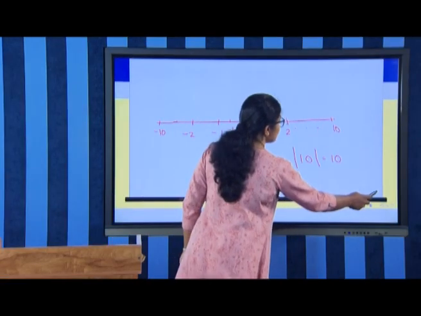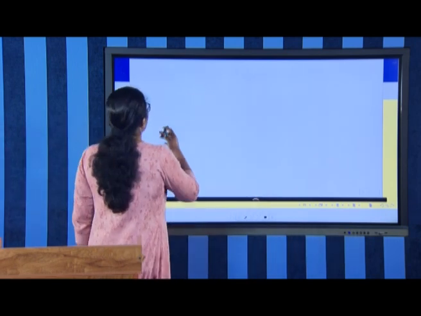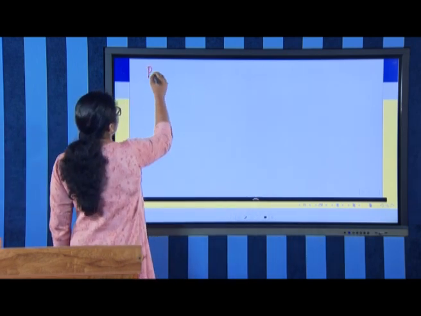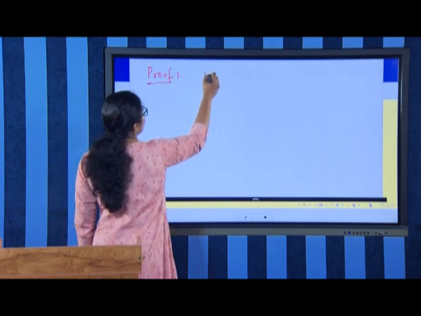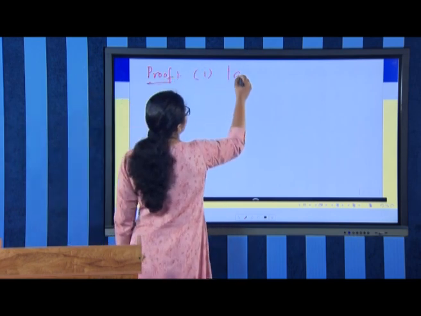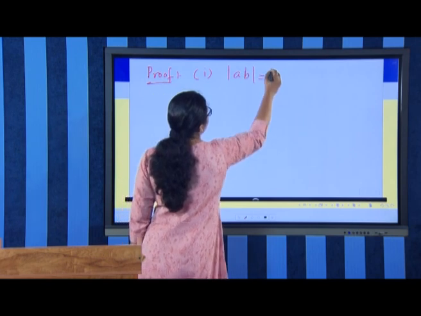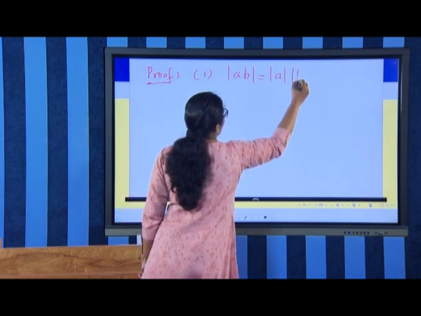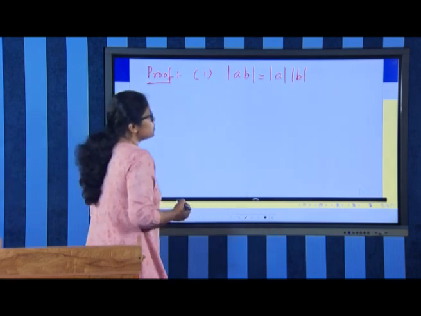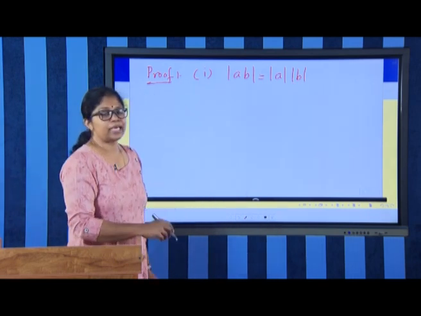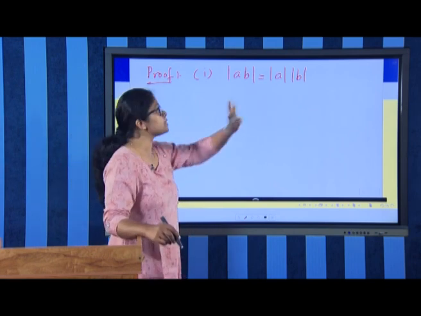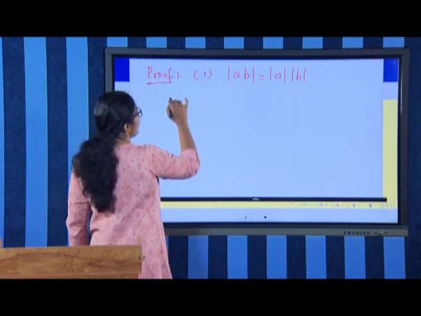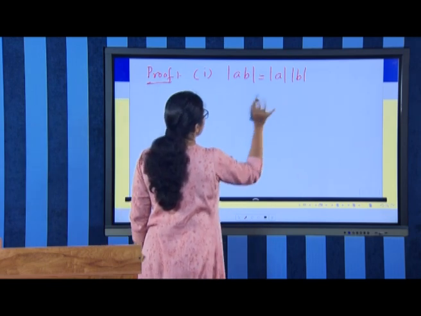So, we are going to the proof of the first one. The first result: modulus of AB is nothing but mod A into mod B. Suppose either A or B is equal to 0, then this is equal to 0. So, let us consider the case where A and B are both non-zero.